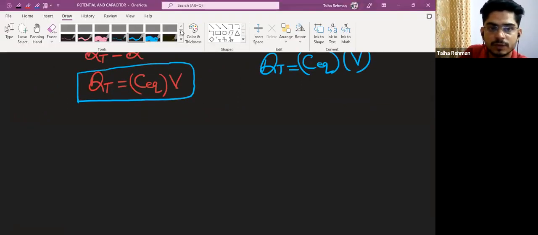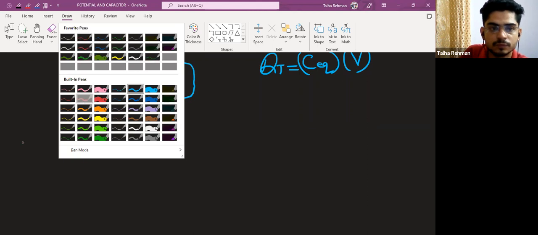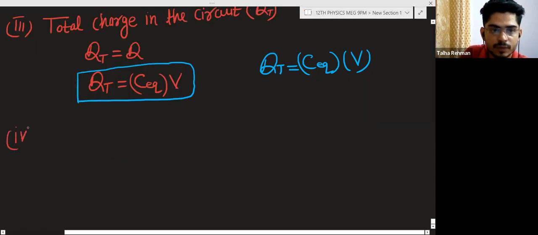Number 4 is charge across each capacitor.